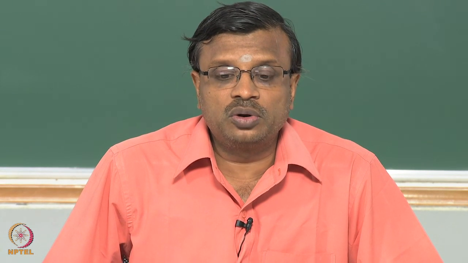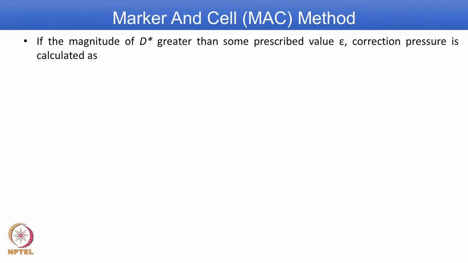So, if the magnitude of d star is greater than some prescribed value epsilon, then you set up the pressure correction as shown. Delta p, a correction in pressure, is equal to minus beta d star, and what is beta? Beta is defined as shown here: omega by 2 delta t times 1 by delta x squared plus 1 by delta y squared plus 1 by delta z squared.